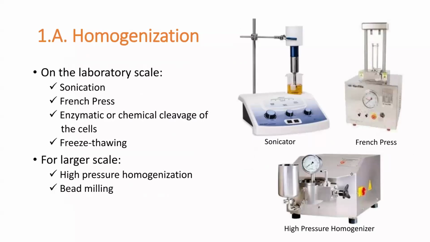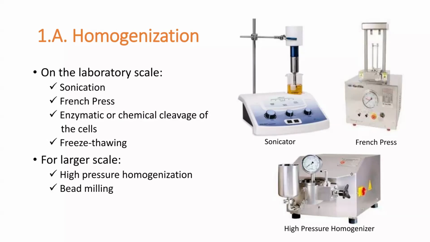So now let's start with homogenization. How do you homogenize your tissue? We have different homogenization techniques, and they depend on the type of tissue you are working with. If you are working with a fragile tissue, you can just use dissociation, freezing and thawing, or enzymatic cleavage of the cells.